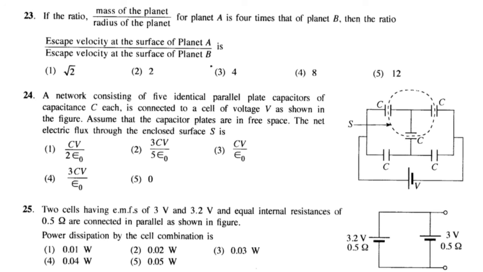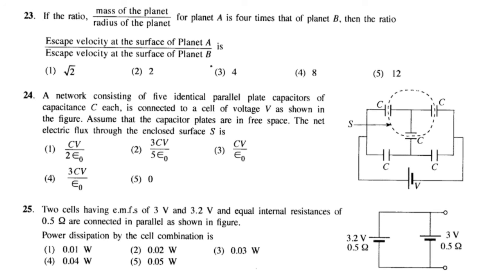We get VA over VB equal square root of 4 times MB over RB divided by MB over RB, since they have given MA over RA is 4 times MB over RB. So by solving this, you get VA over VB equal square root of 4, that is equal to 2. The answer is 2.